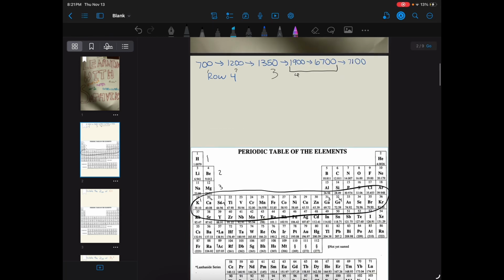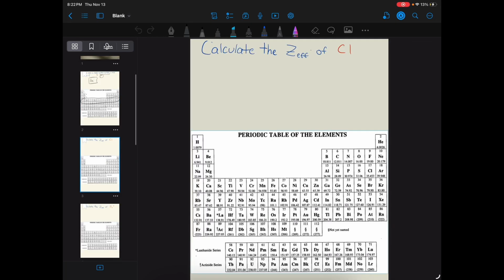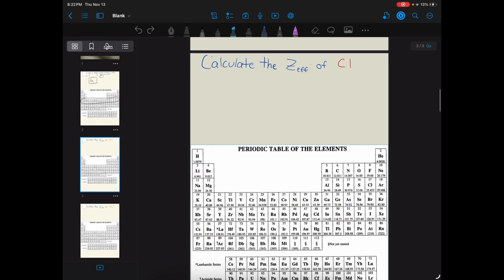So the answer to this problem would just be Ge, because it is in row 4 and it has 4 valence electrons. And again, just to recap, we got this number 4 because the jump in ionization energies is from 1900 to 6700.